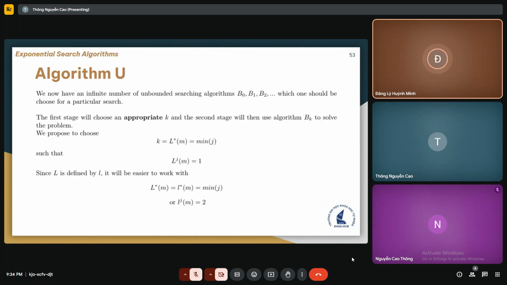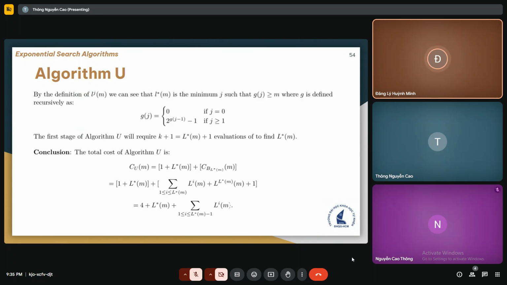We now have an infinite number of unbounded searching algorithms, B0, B1, B2. Which one should be chosen for a particular search? As for algorithm U, in the first stage we choose an appropriate K, and in the second stage we then use algorithm BK to solve the problem. We propose to choose K that follows the following rules.